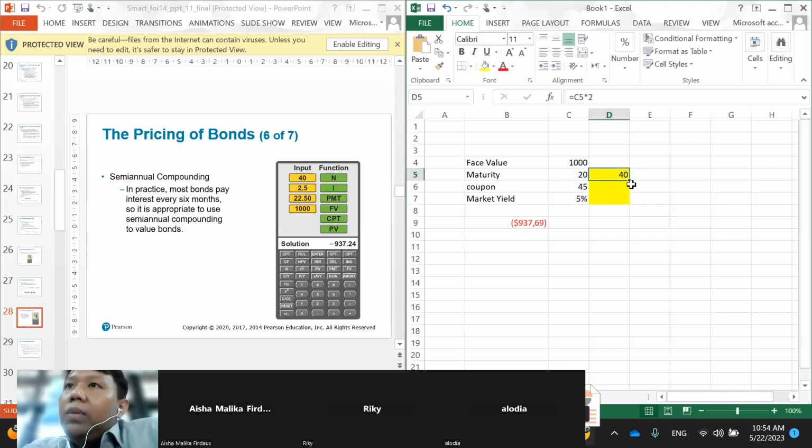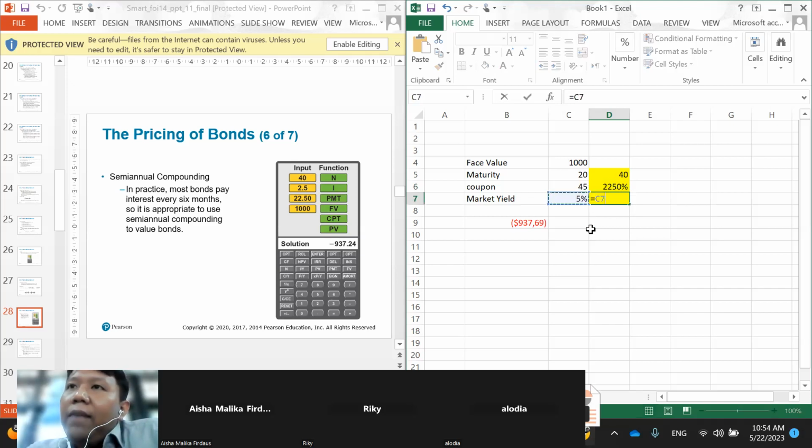For the coupon rate, we will divide it by 2, and for the market yield, we will also divide it by 2.